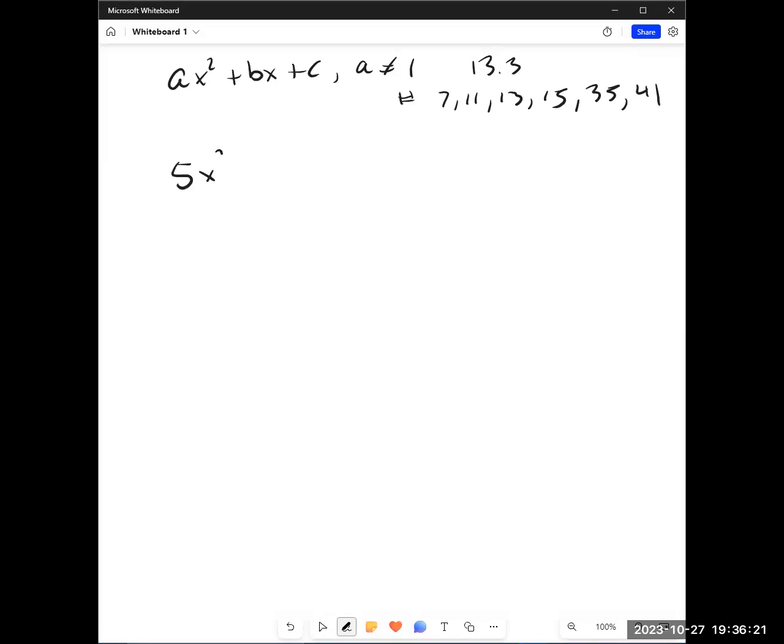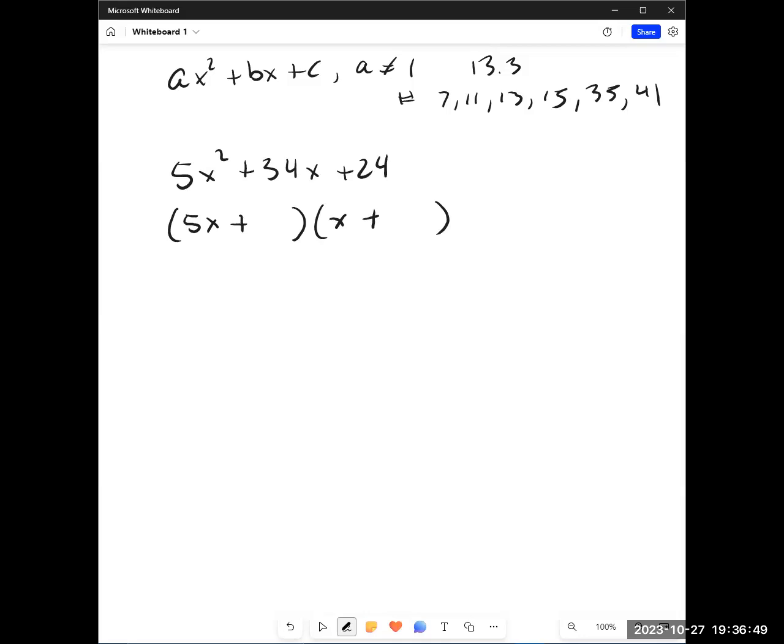Start with 5x squared plus 34x plus 24. Notice in this example that the 5 is not a GCF like it was in the last video. So we're going to have to think of factors of 5, which are 5 and 1. Both factors have the same sign. They're both positive.